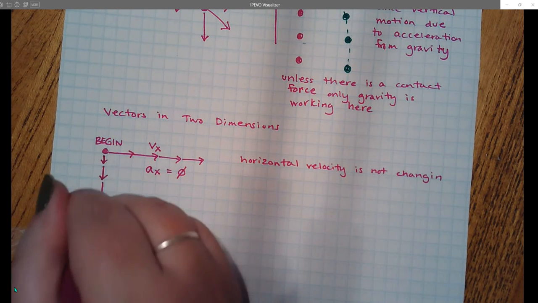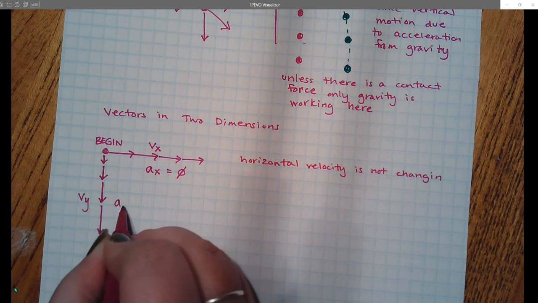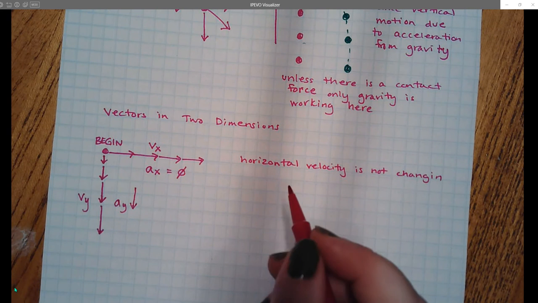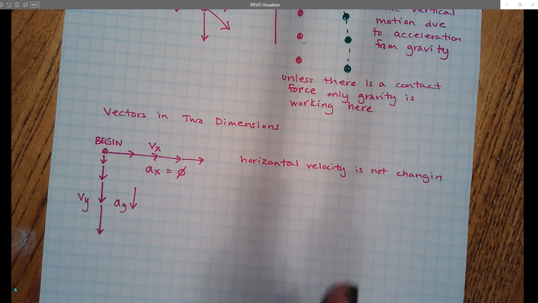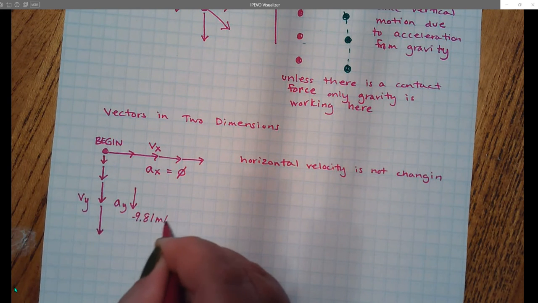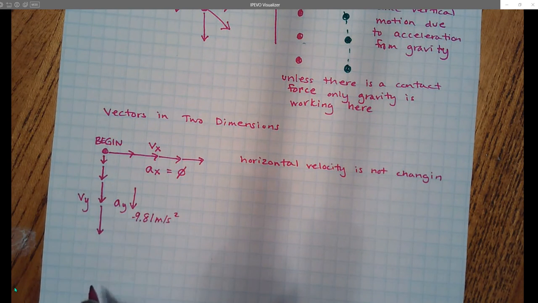So this would be velocity in the y direction, and acceleration in the y direction is this way, and it's increasing. We don't really have a value, but if we know that this is in free fall on Earth, that would be negative 9.81 meters per second squared, with the negative sign just meaning that it's going down.